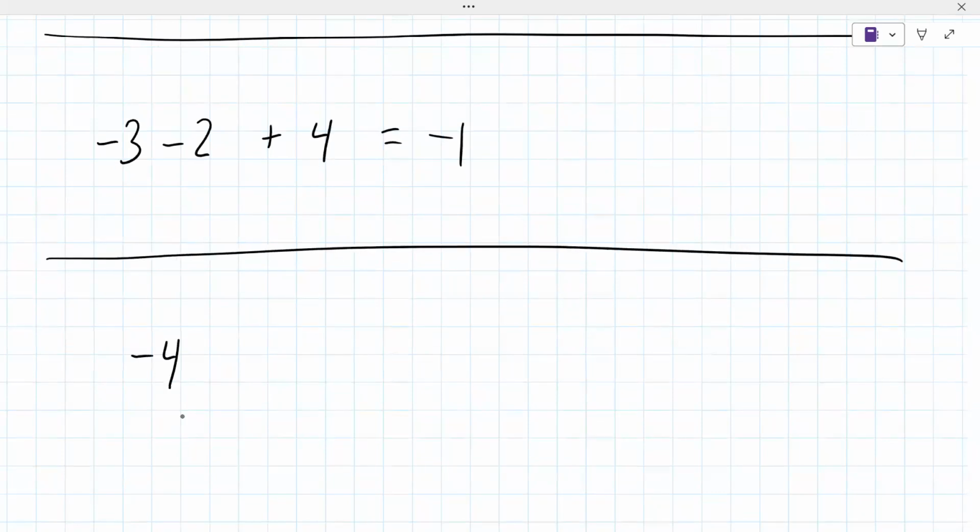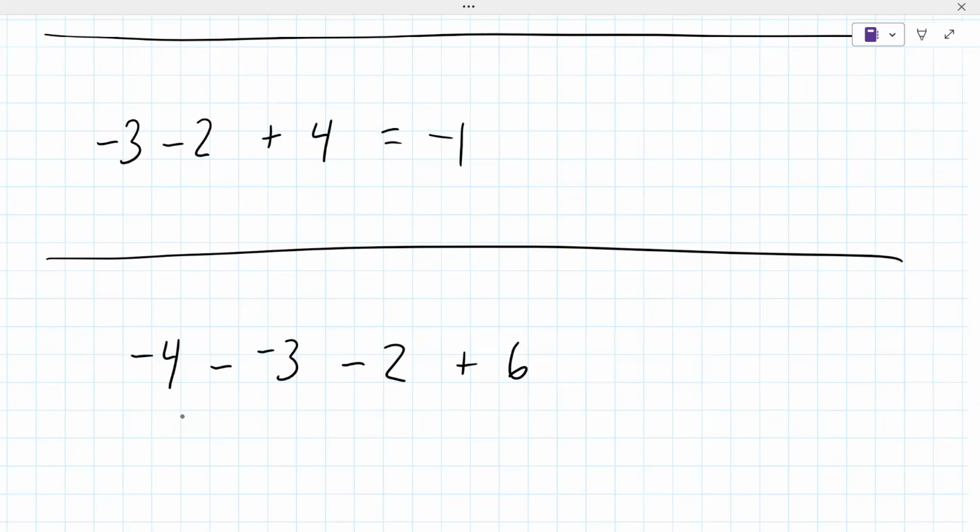All right, let's increase the difficulty a bit more here. Let's go -4 minus -3 minus -2 plus 6. Okay, so -4, subtract -3, subtract -2, plus 6. 4 subtract 3 is 1, -1.